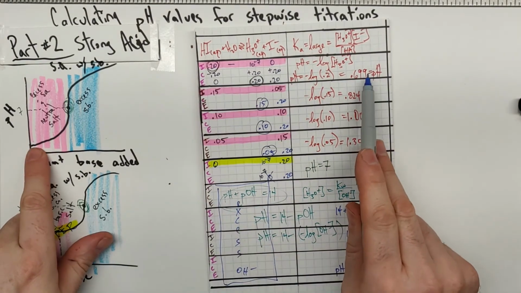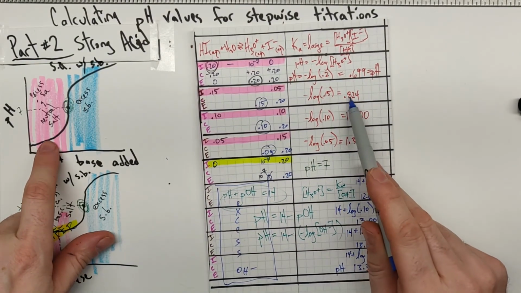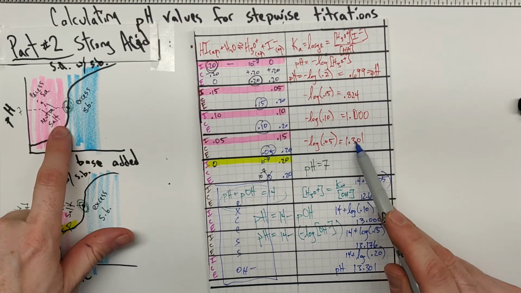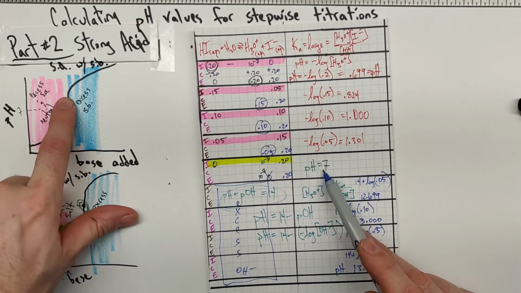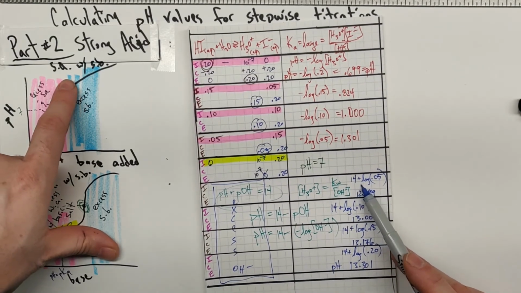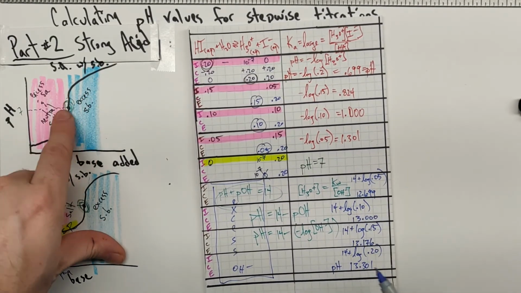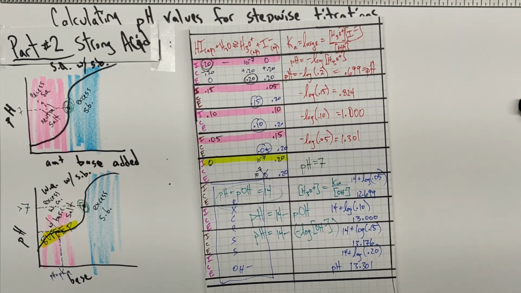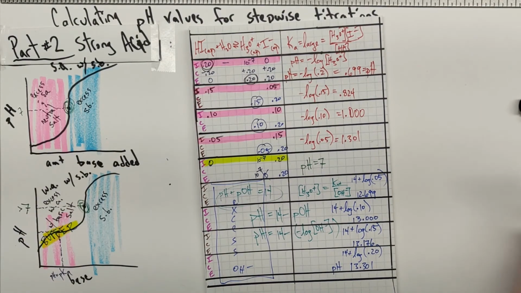We have 0.699 for a pH, jumps up, jumps up, jumps up. Huge jump as we neutralize it and then start getting into excess base. And then we have this logarithmic function as we're just dealing with continued excess base. So that is our calculation for a strong acid.